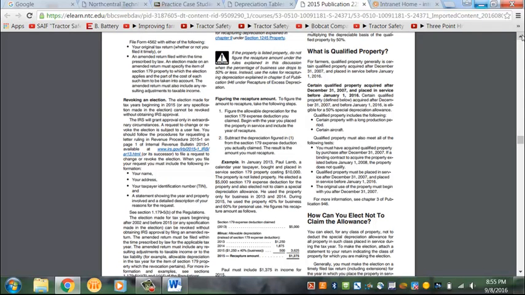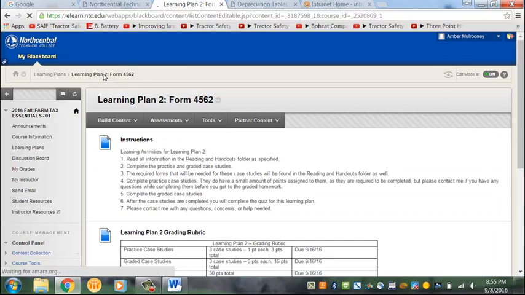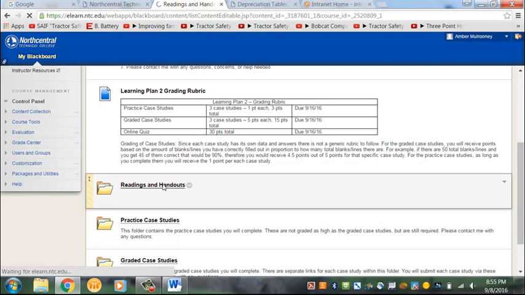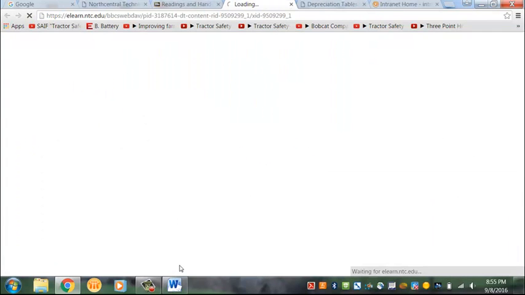So then if we actually look at the Form 4562 and look at all of the different sections, we can see that each section shows a different type of depreciation.